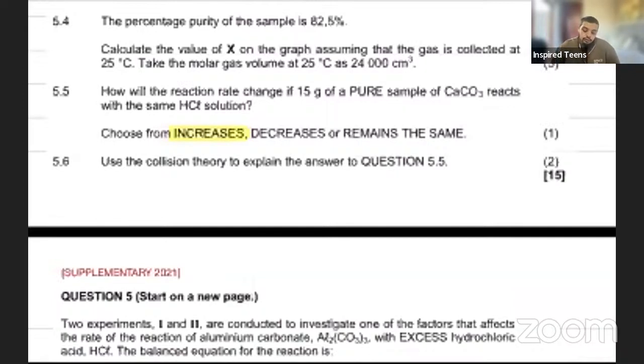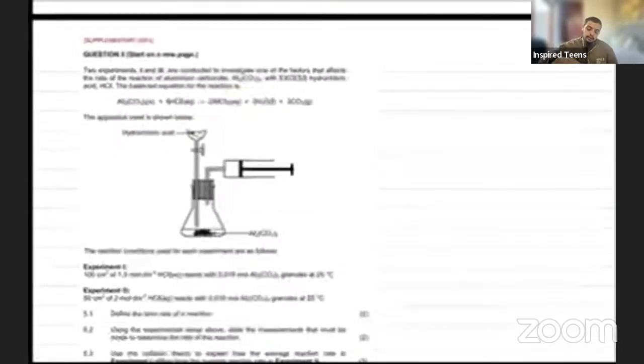Okay, this is only for 2 marks, so you don't have to mention the more particles have sufficient kinetic energy. You can just say that there are more particles of CaCO3. Therefore, there are more effective collisions per unit time. Therefore, higher reaction rate. Okay, cool. Let's move on to the next question.